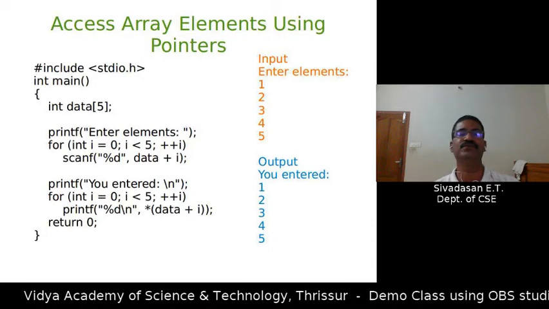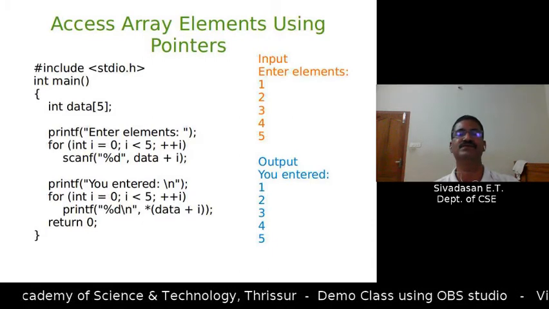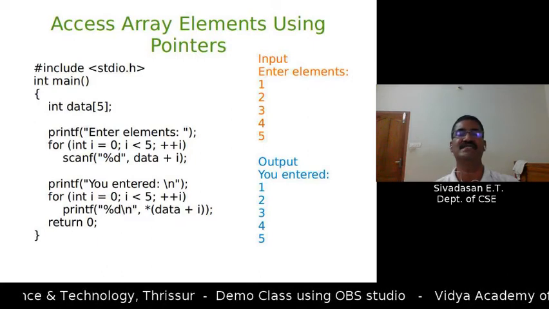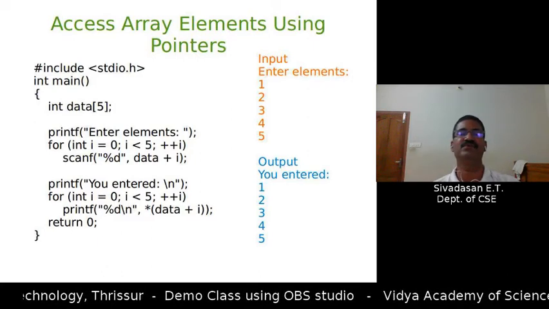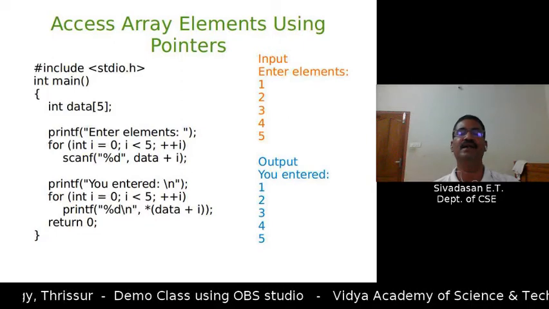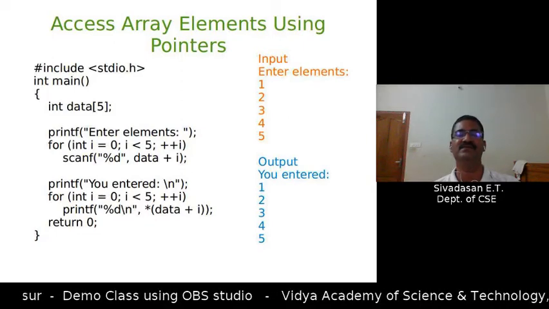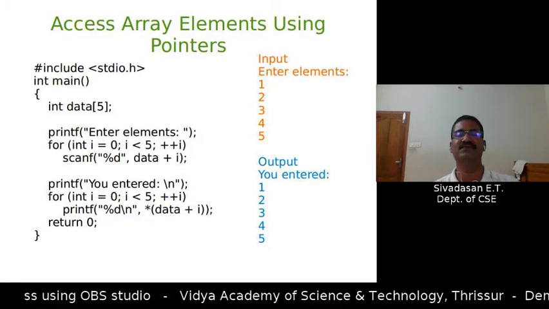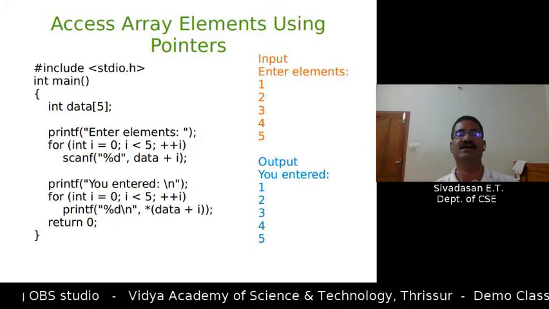And if you want to print the values stored in these different memory locations, you can use star data. If you put just data, only the address will be printed. We are not interested in the address, we are interested in the value. So give star (data plus i).